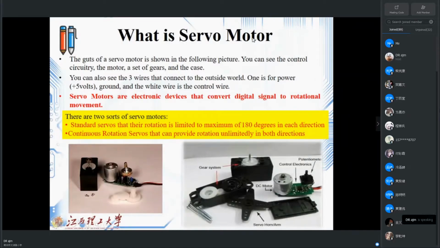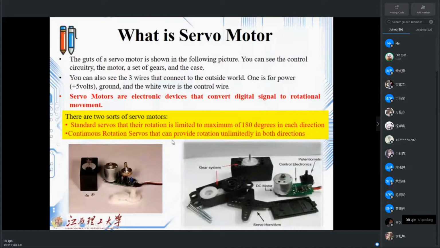If we want to categorize the servo motor, we can say that we have two sorts of servo motor. One is a standard servo, where the rotation is limited to a maximum of 180 degrees in each direction. Another one is the continuous rotation servo, which can provide rotation indefinitely in both directions.